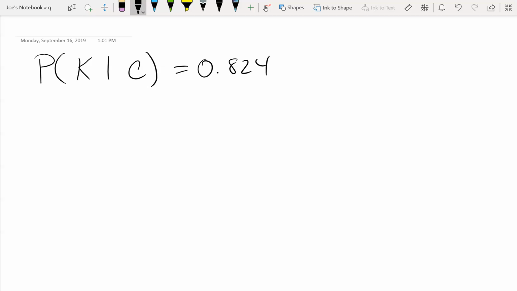That's what they tell you in that last line of the problem. So the reason I wrote this down first is because that was just given to me. Okay. So if I work with this, how can I rewrite the conditional?